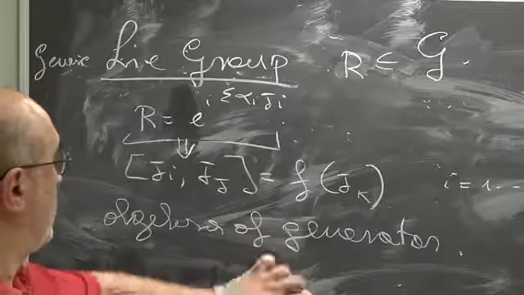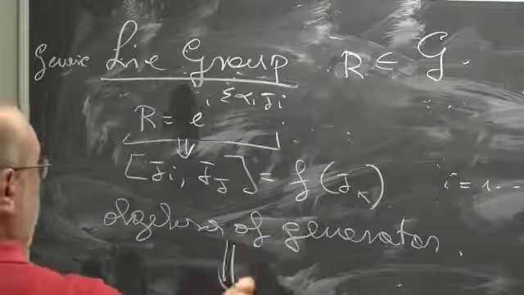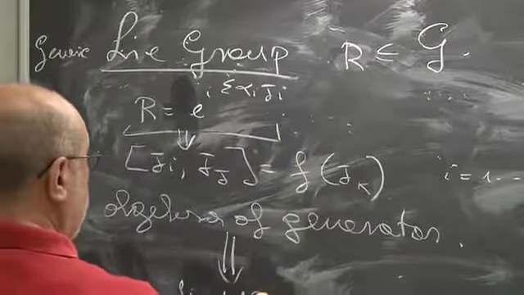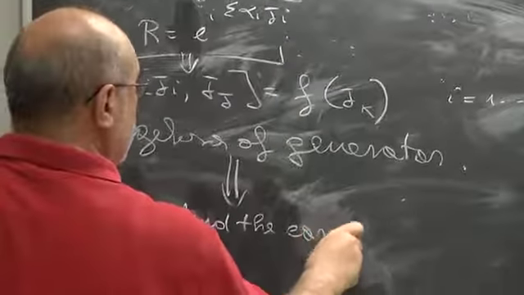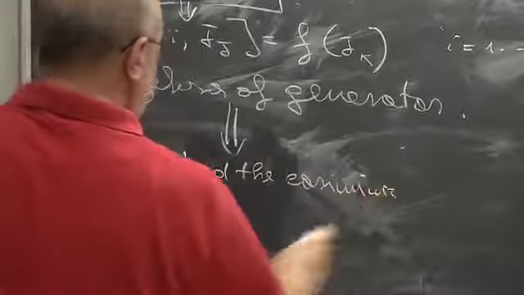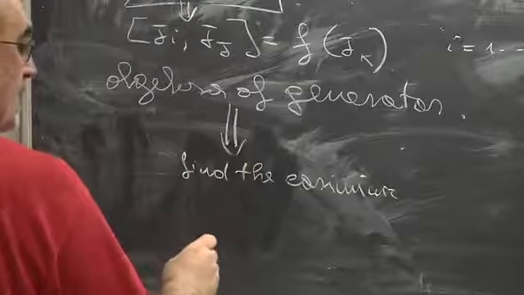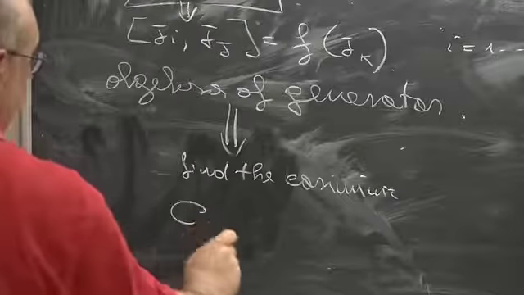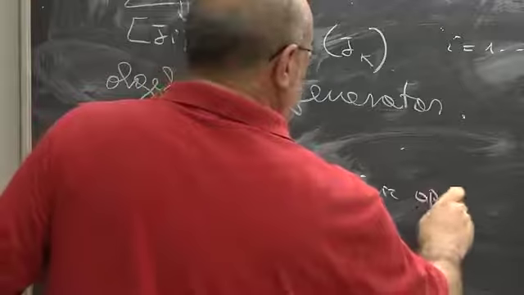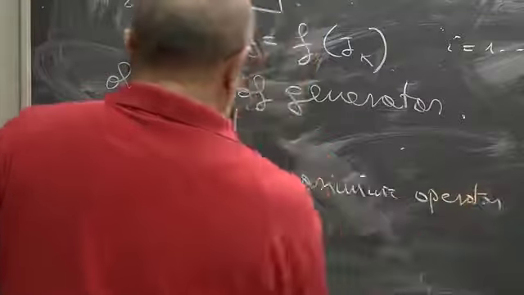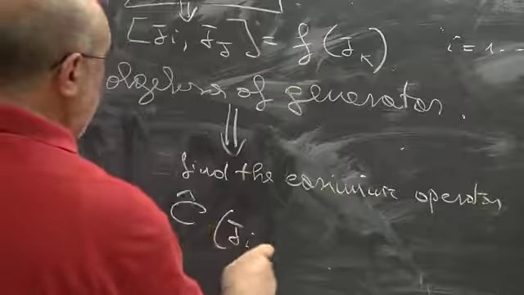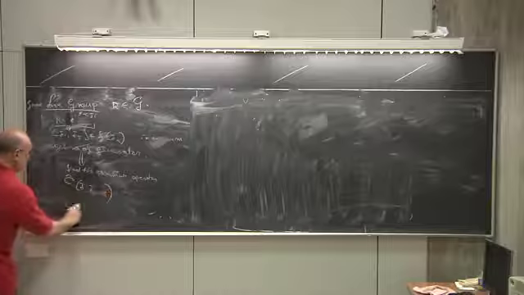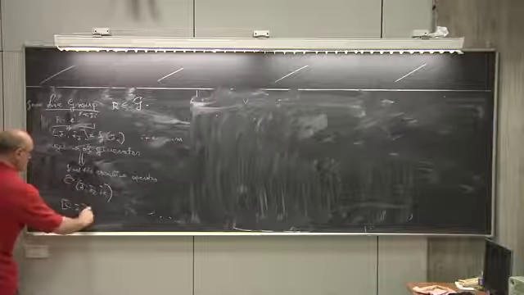Out of this algebra, you build the Casimir. Find the Casimir. They have a name, they are called C. Find the Casimir operator, C of J_i, J_j, J_k, such that C and J_i commute.